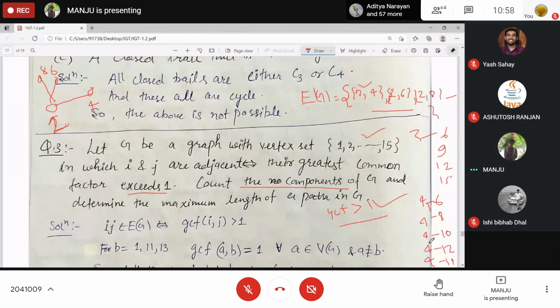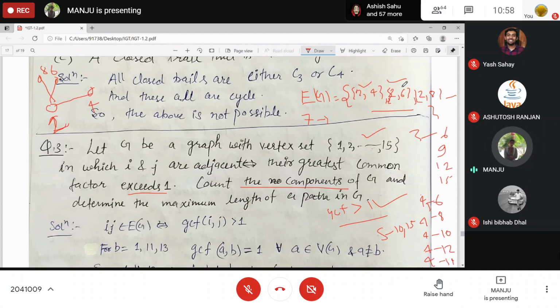7, 7 will be adjacent with... 5 was with 10 and 15. 6 with all even. 8 will be again all even. Means all the even numbers: how many even numbers are over here? 2, 4, 6, 8, 10, 12, 14.